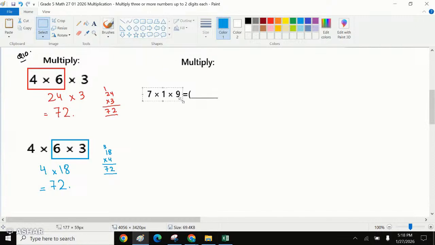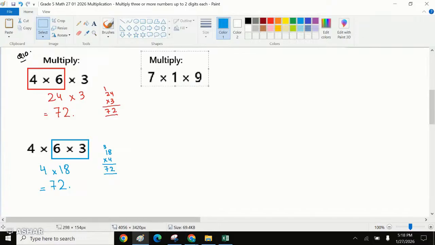So this is our question number 11, and they're asking us to multiply 7 multiplied by 1 multiplied by 9.